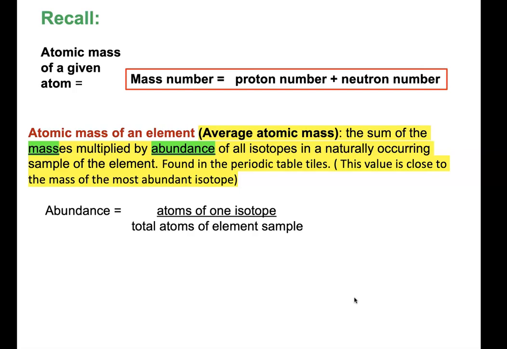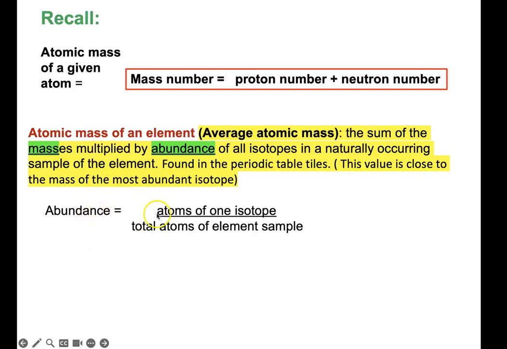So you need two things to find the atomic mass of an element: the mass of each isotope, like the mass of one atom of each isotope, and then out of all the atoms in that sample, what percentage or abundance each isotope is.